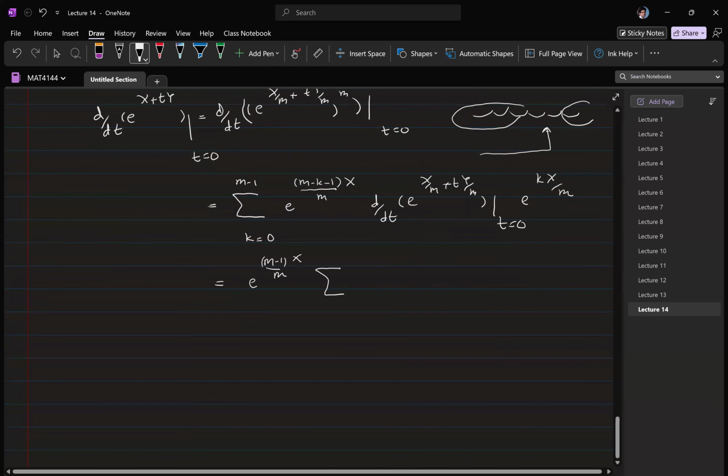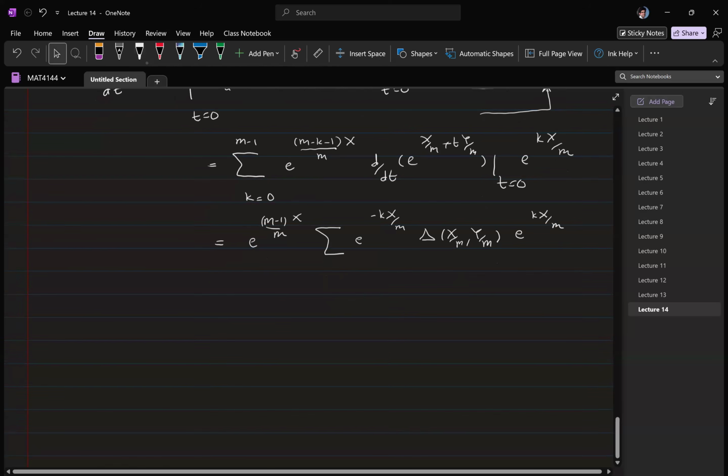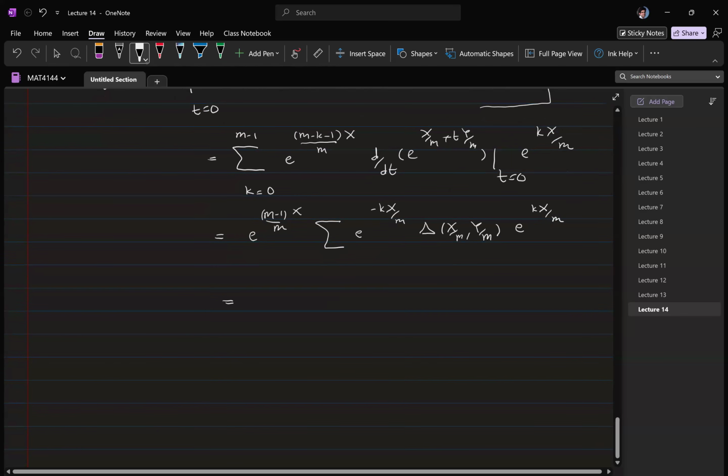Then I have the summation, which will give me e to the minus kx over m, and this term is delta of x over m, y over m by definition. And then I have e to the kx over m. All right. But remember that the directional derivative was linear in the second argument, the direction, right?